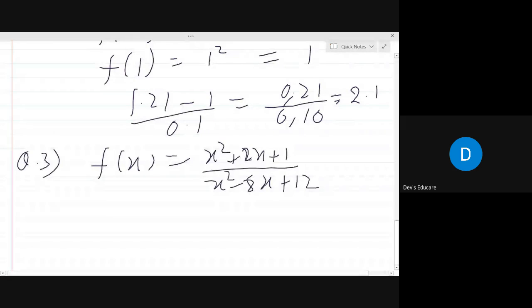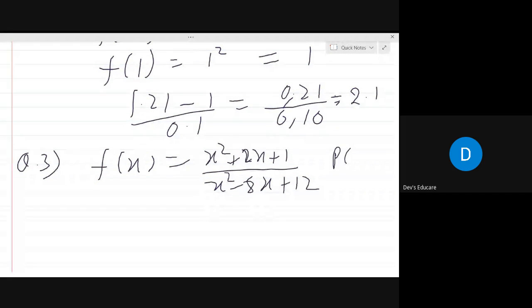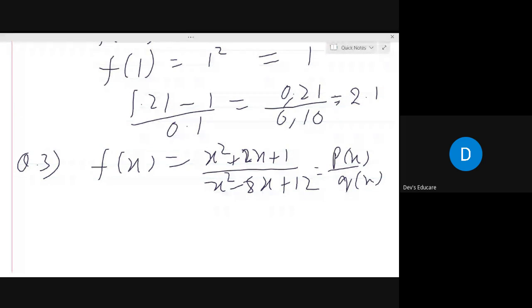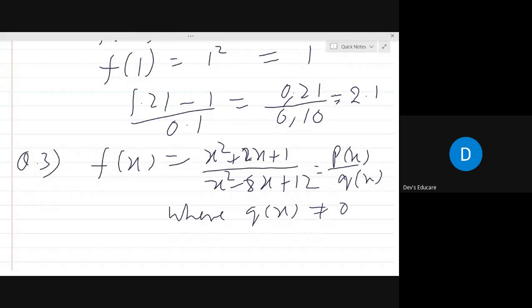This is a rational function. Any function of the type p(x) upon q(x) is called a rational function, where q(x) is not equal to 0.